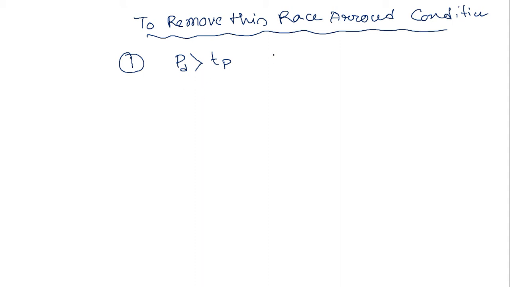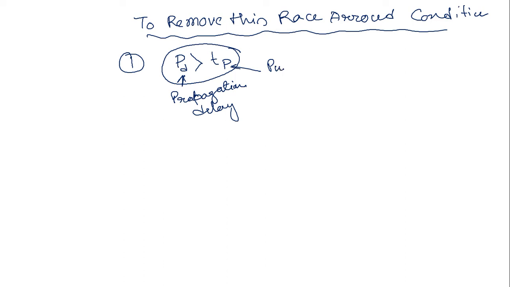So if we can manage the propagation delay PD and the pulse time, so that pulse time is lesser than PD, then we can remove this race around condition. This is the first way to remove it.